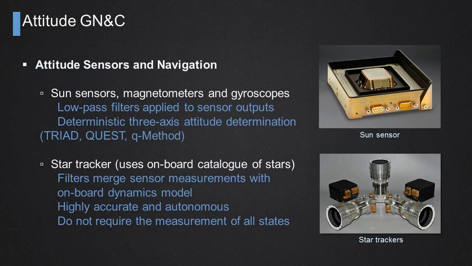Nowadays, with the availability of digital star trackers that measure the current spacecraft attitude in an inertial reference frame, we use those measurements with extended Kalman filter techniques to not only smooth out the noise inherent to the attitude measurements provided by the star trackers, but also to reconstruct the missing state, which is the angular velocity, which is not measured directly by the star trackers.